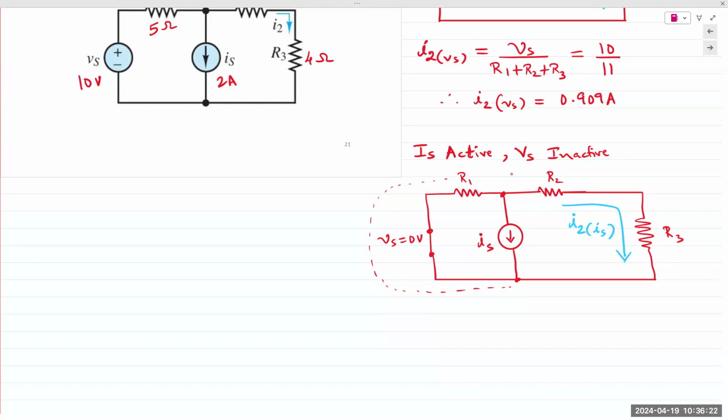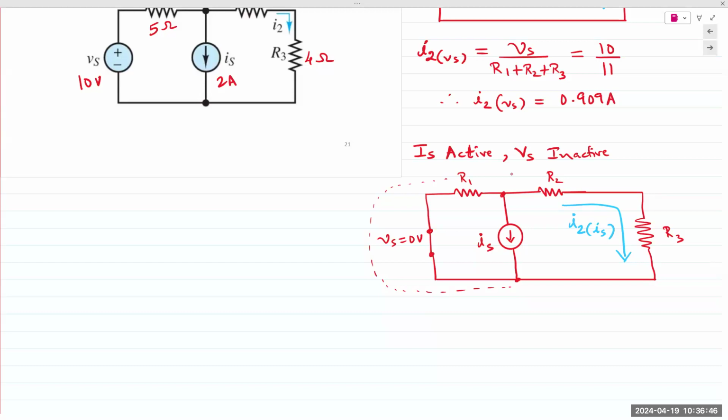What happens to that current? It splits up, gets divided. What technique comes to mind? Well, current being divided, current division. Current division.